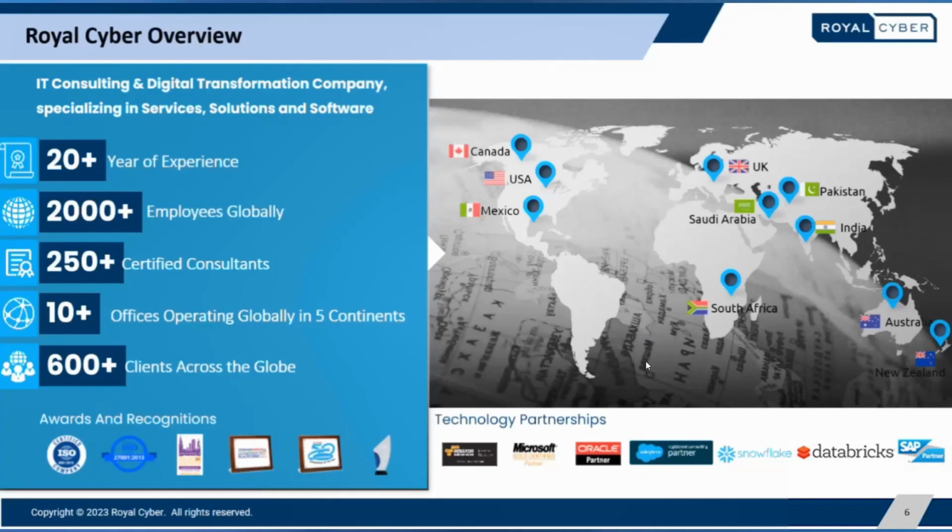We have more than 2,000 employees globally and more than 250 certified consultants. We have 600 plus clients across the globe, and we are technology partners with all the major vendors, including Snowflake, Databricks, SAP, Microsoft, Salesforce, and AWS. And we have won various awards and recognitions as can be seen in this presentation.